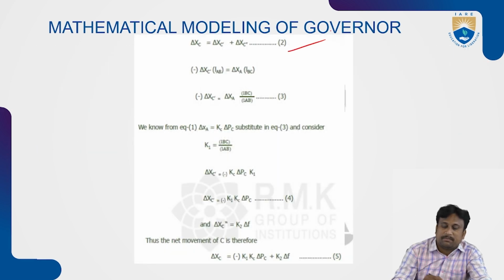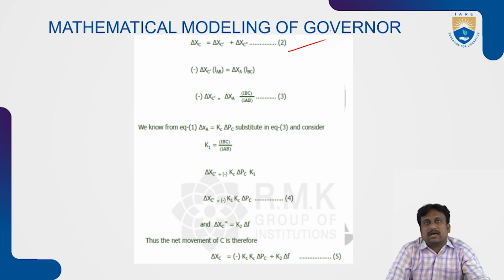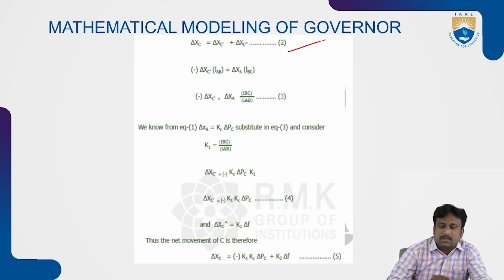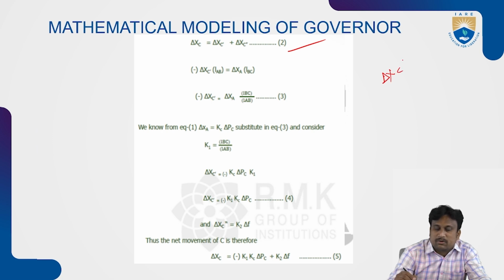Here we will develop the mathematical analysis, where delta XC is considered as the combination of delta XC dash plus delta XC double dash.